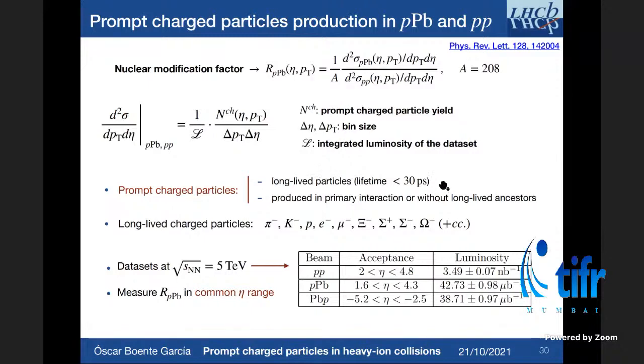Here is the same definition that other experiments use: basically long-lived particles coming from the primary interaction or without any long-lived ancestors. These are the list of particles, and for this analysis we used 5 TeV data. And you have here the acceptance in the center of mass system, and you see the effects of the boost that I commented on at the beginning. So we get the R-P-lead only in the common range.